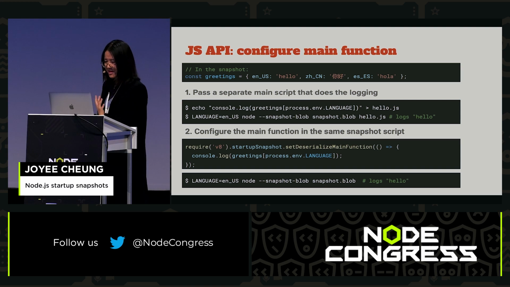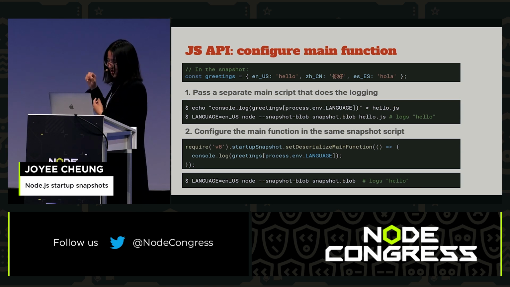So, for example, if in the snapshot we have a database of greetings in different languages, one way to log the greeting according to some environment variable during runtime is to pass a separate main script that does the logging, but that means we'll need an additional input, which also needs to be parsed and compiled at runtime.